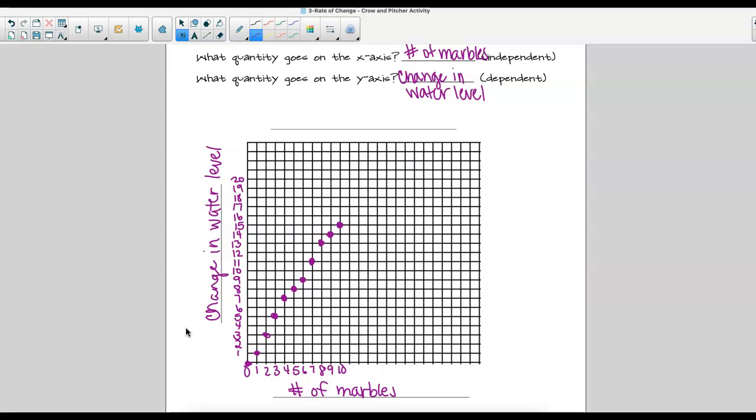Finish putting all the dots on your graph, or as many as you have. Even if you don't have all of them, just put what you have.